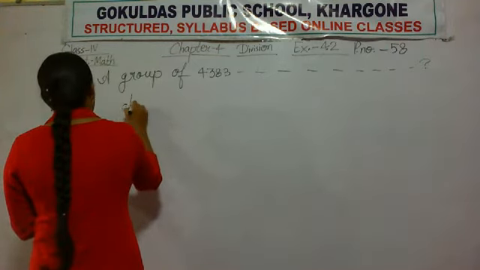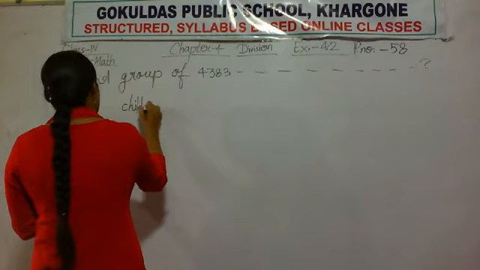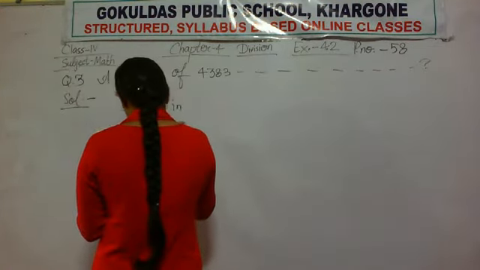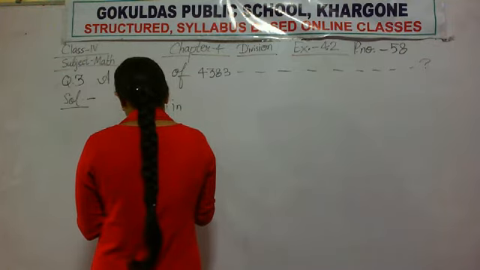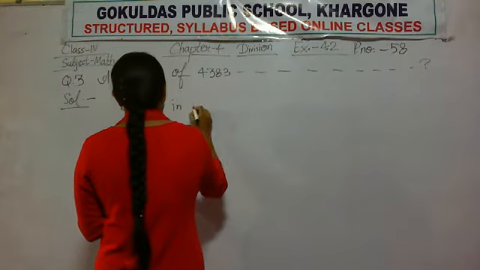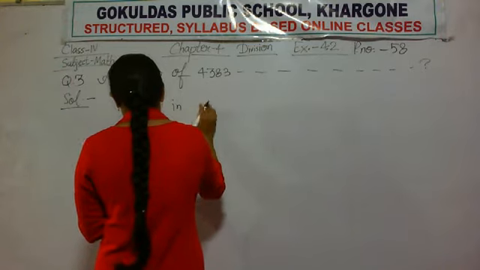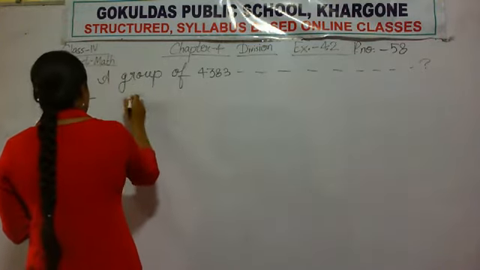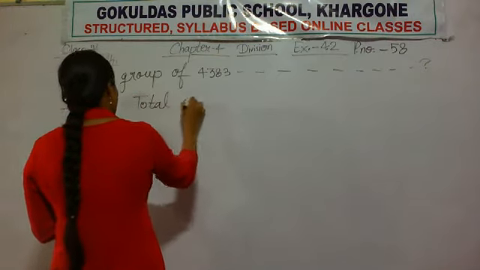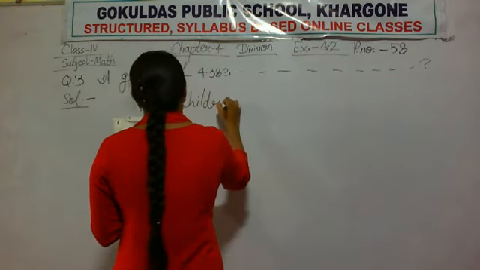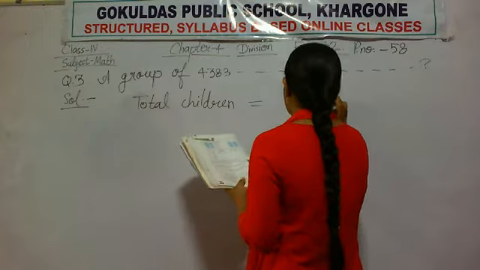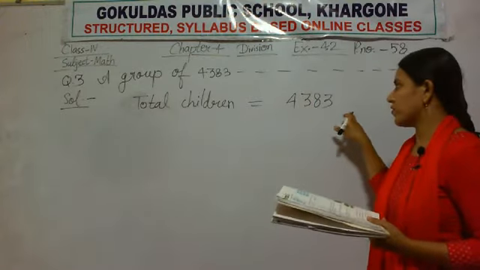Children in one group. 4,383, right? Total children are 4,383.